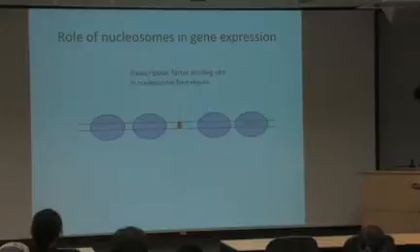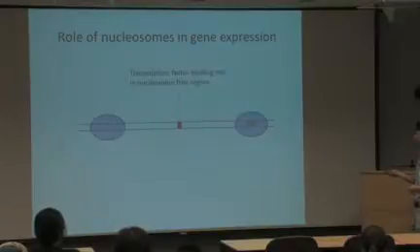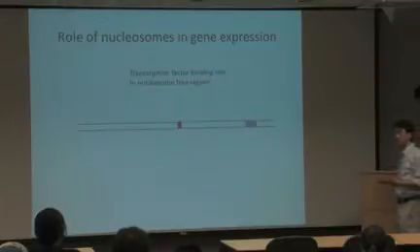So what happens upon transcriptional activation is the transcription factor is going to bind here. And what's known from previous studies by other people is that nucleosomes get removed, starting from the nearest neighboring region. Right? So these two nucleosomes are removed, and then these two are removed, and then you have an exposed TATA box region.